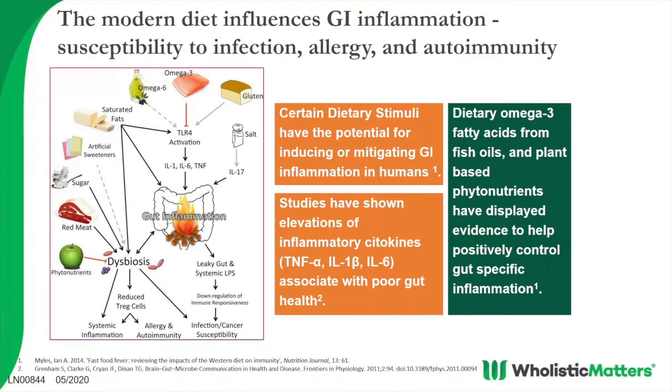This is really important because studies show that when individuals have elevations of inflammatory cytokines stimulated by a lot of these negative dietary stimuli, really common in the standard American diet, they have elevations of TNF-alpha, IL-1 beta, and IL-6, and these are associated with poor gut health.